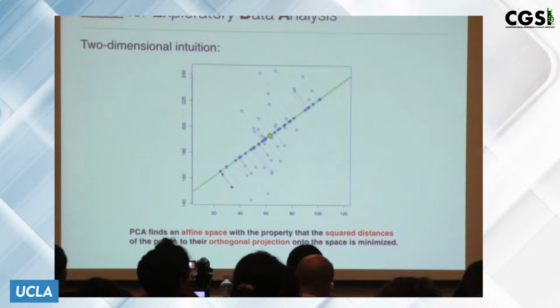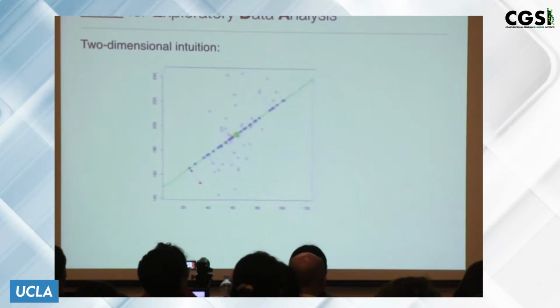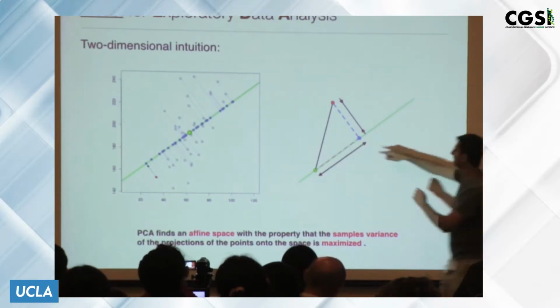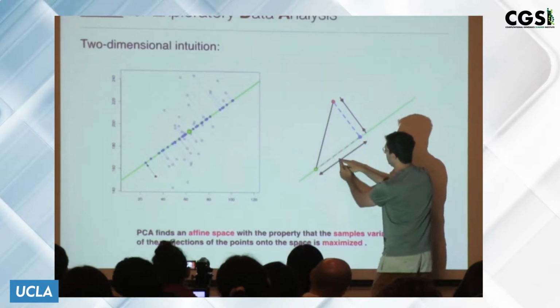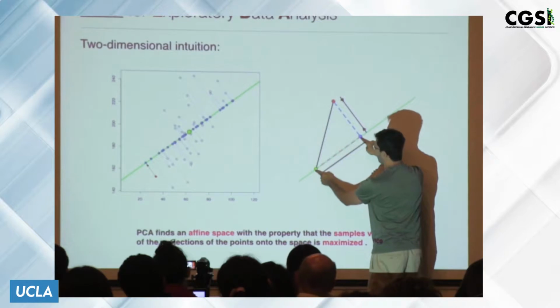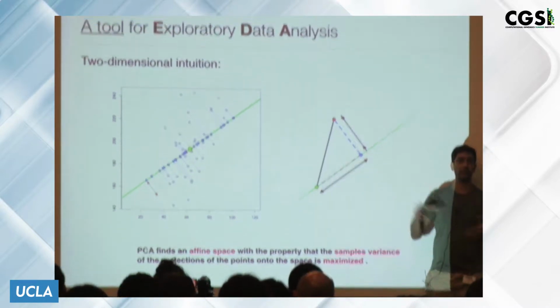But the reason that this picture works is because of an analogous interpretation, which is that instead of thinking about the line that minimizes the sum of the squares of the points to this line, you can think about maximizing the distance between your point and the fat green dot. And that's the variance of your data.